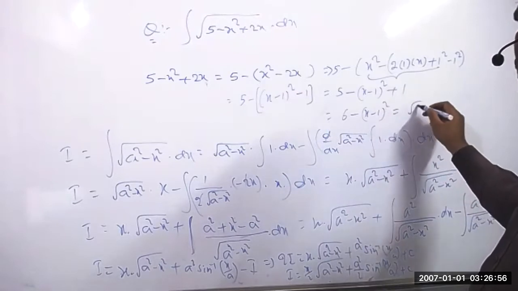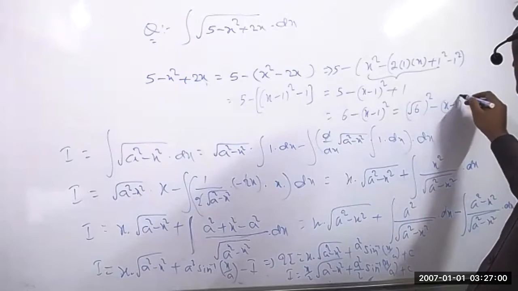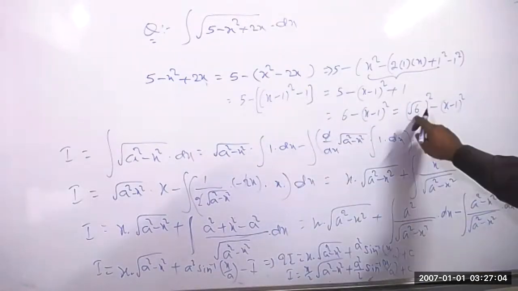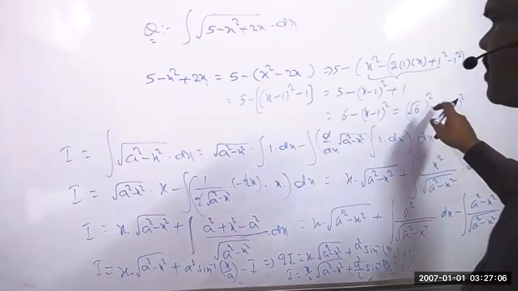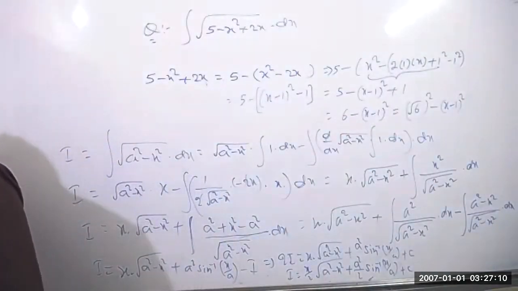So you can write now root 6 whole square minus x minus 1 whole square. Meaning the value of 5 minus x square plus 2x equal to root 6 whole square minus x minus 1 whole square. So that completely I can substitute in there now.